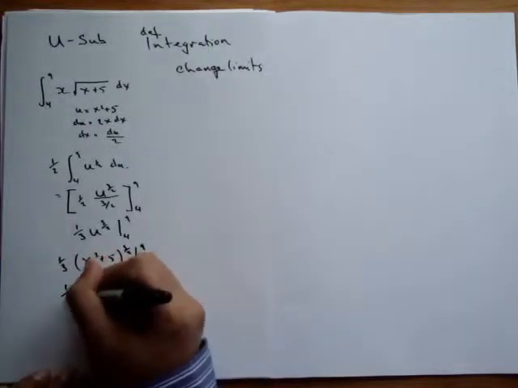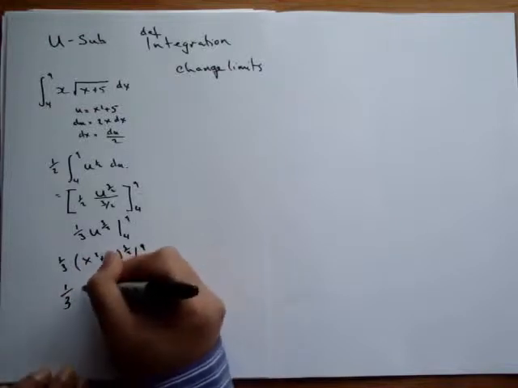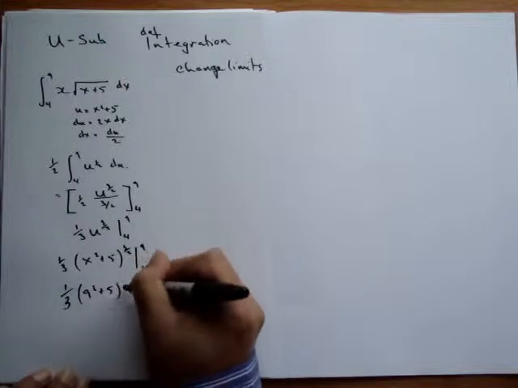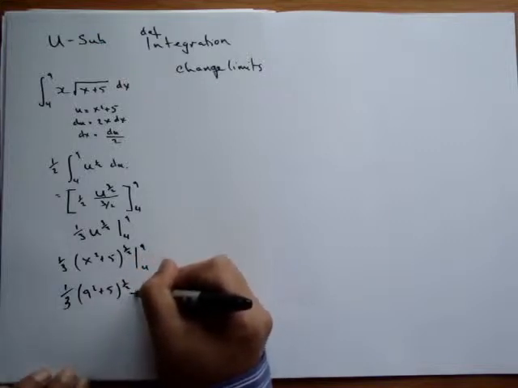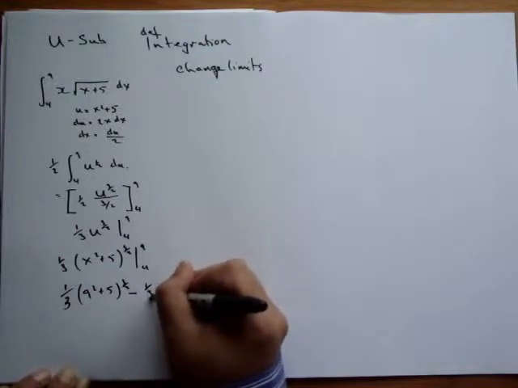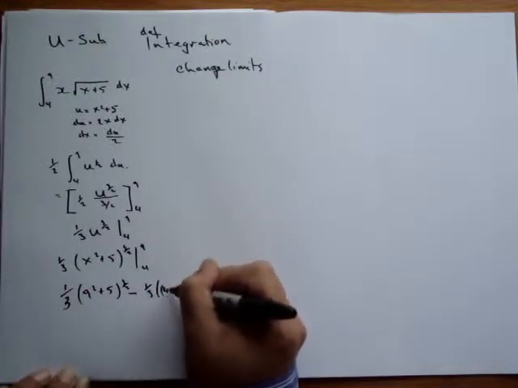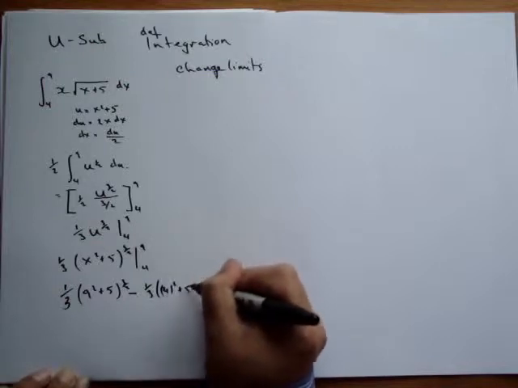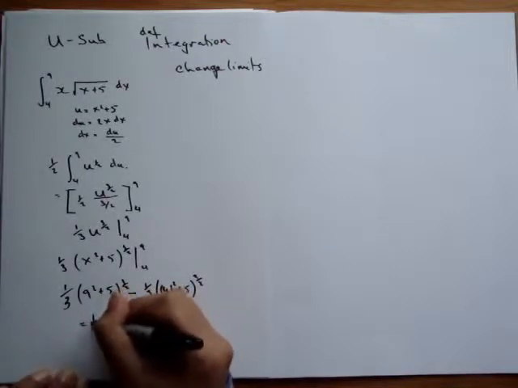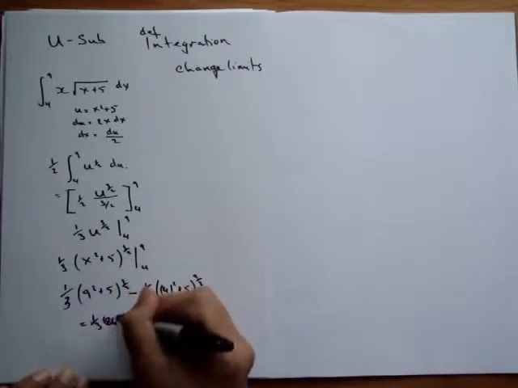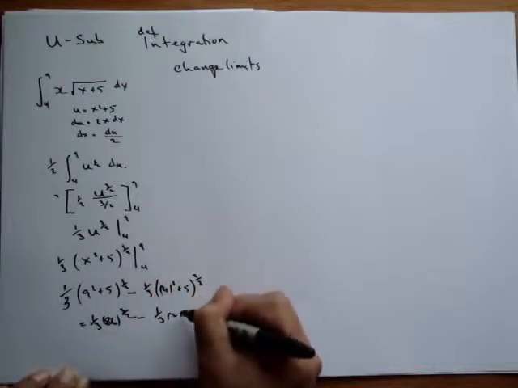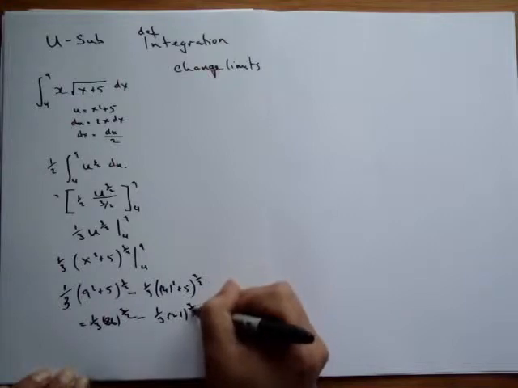So then when we put our limits in, this becomes 1/3, x is now 9 squared plus 5 to the 3 over 2, minus, then when we put the 4 in, this becomes 1/3, 4 squared plus 5 to the 3 over 2, and when we work that out, this becomes 1/3 of 86 to the 3 over 2, minus 1/3, 21 to the 3 over 2.